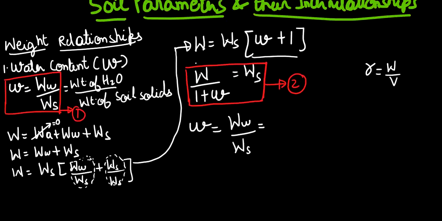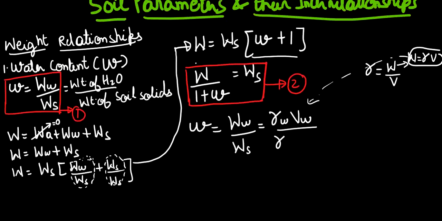So weight of any substance will be equal to unit weight into volume of that substance. So I will use this over here. This will get transformed into unit weight of water into volume of water, and the denominator, that is weight of soil solids, will get transformed into unit weight of soil solids into volume of soil solids.